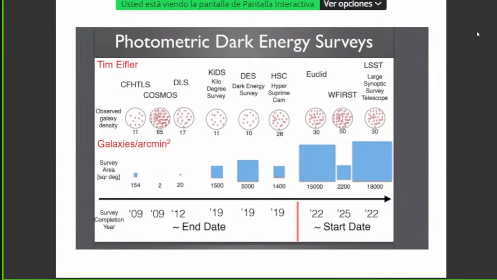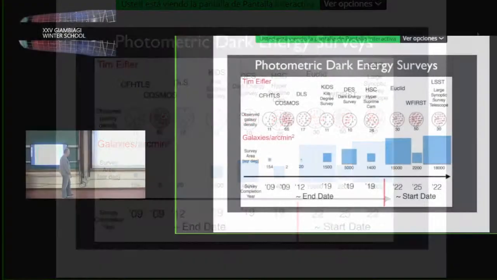What is shown here is the density of galaxies that your instrument is sensitive to. For instance, in DES, we have observed 10 galaxies per square arcminute in our survey.